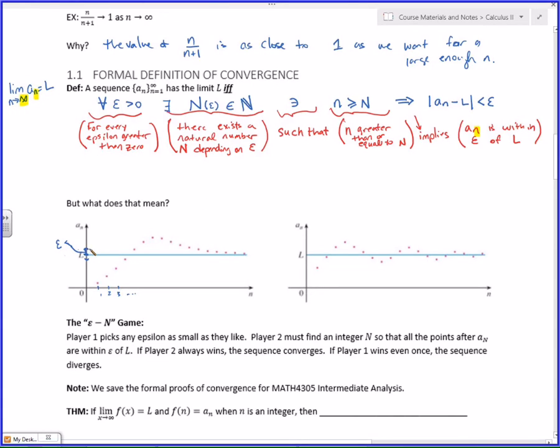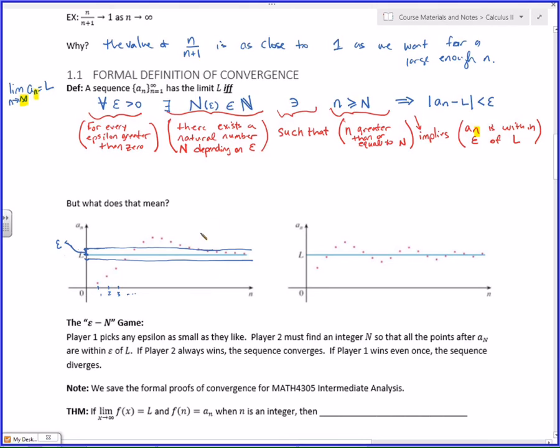Okay, so what I'm going to do is draw a horizontal line as best I can. That's supposed to be very straight. Okay. So I picked an epsilon. Is there a place that I could go to and draw a vertical line and say that every element of that sequence past that line is inside that interval?